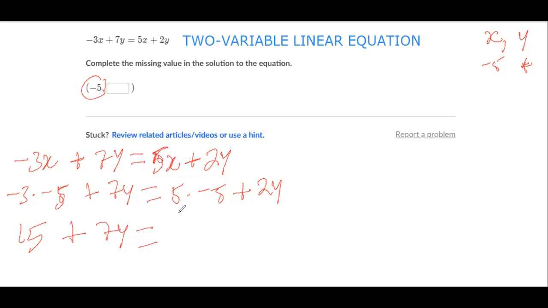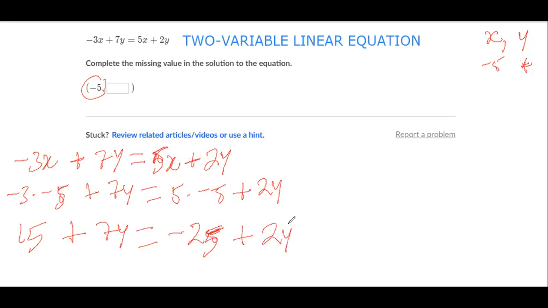So plus 5 times minus 5 is going to be negative 25. It's going to be negative 25 plus 2y. My pen is messing up. I don't know how to fix this.